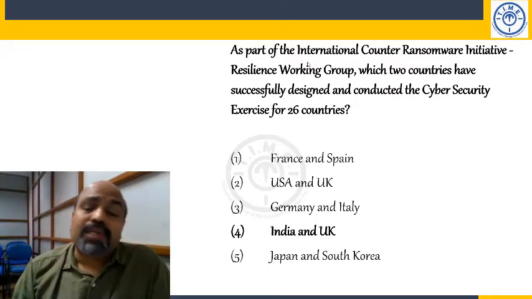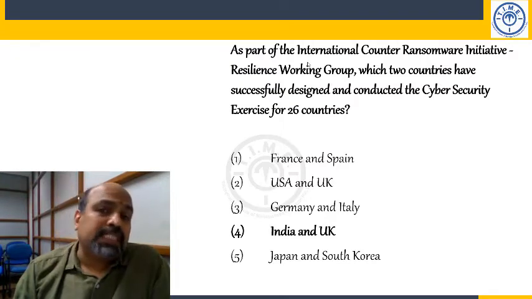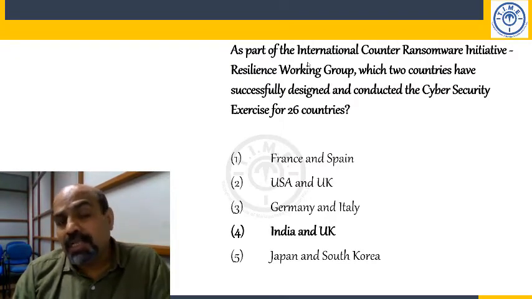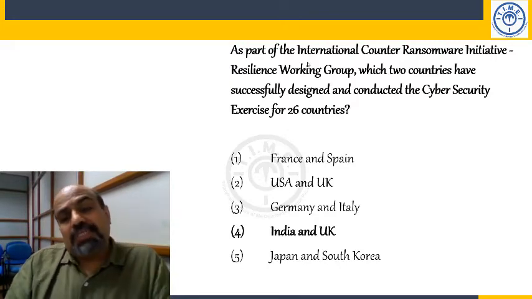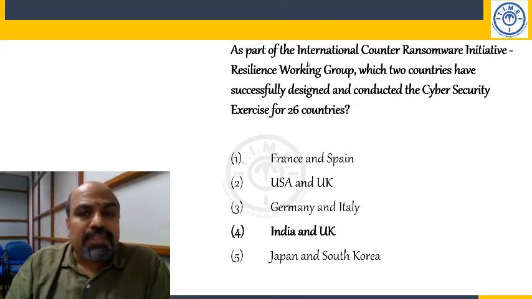So, what if the Chinese launch a ransomware attack on these systems? Denial of service access to the company owners or system owners. In such a case, how do we deal with it?